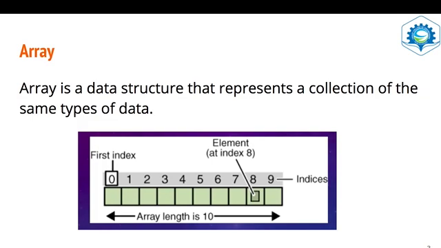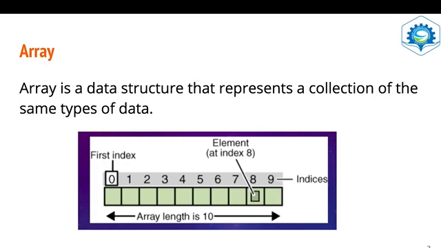Assume a situation in which you have 10 different data items, either 10 integer data items or 10 character data items or floating point data items, etc. So if you have a collection of data items, you cannot go for these basic data types, right?